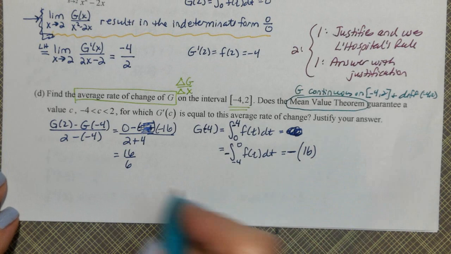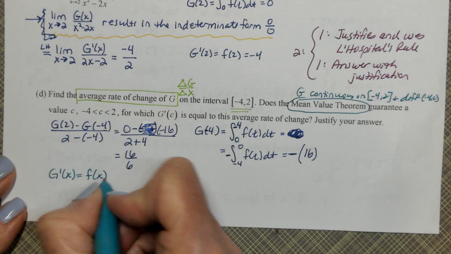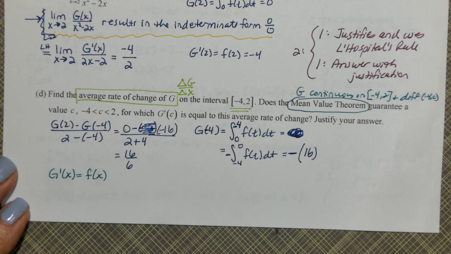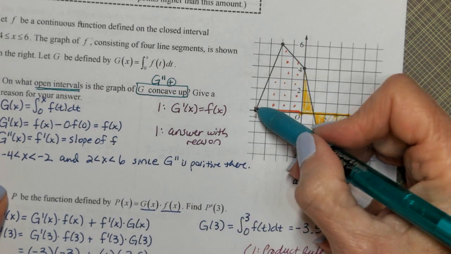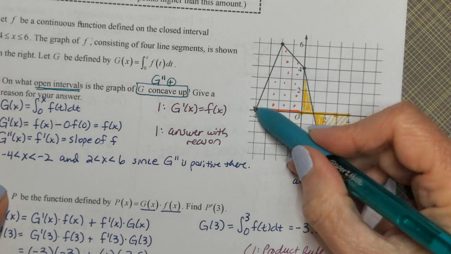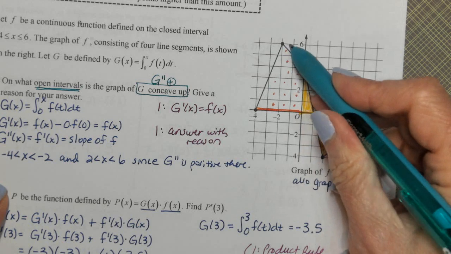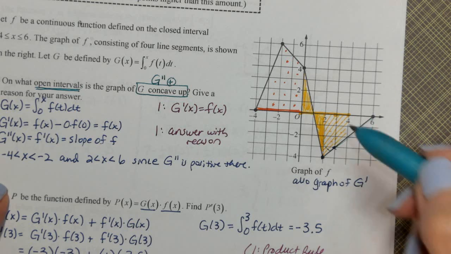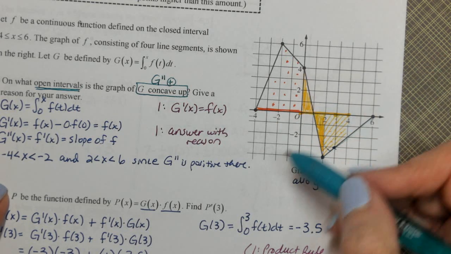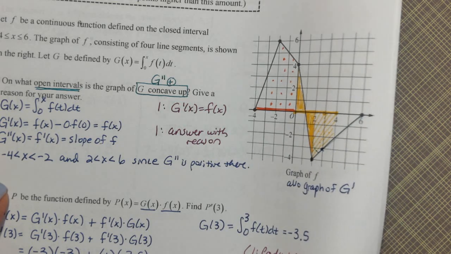Well, think about this. G prime is f. That was the first thing we did in this problem. G prime is f. And here's f. F is defined. I can see every value. F is defined and continuous. F is G prime. That means G prime is defined and continuous. Well, if G prime is defined, then G prime must exist.